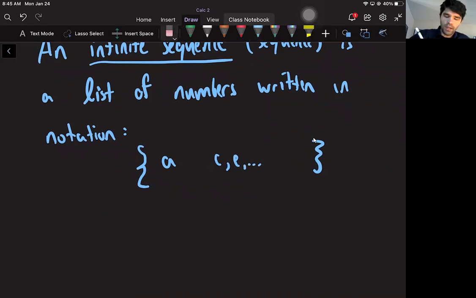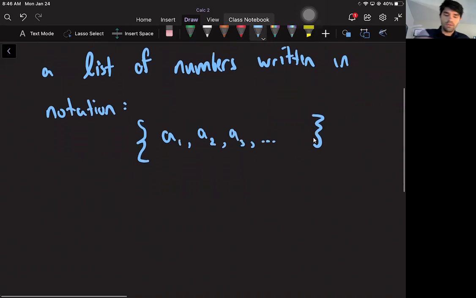So what we do in this class is we use indices. So we just call them all A, but we call the first one A1, a subscript 1, the second one A2, the third one A3, and then, so I don't have to write forever, dot dot dot, to indicate that this goes on forever. So this is a sequence or an infinite sequence.